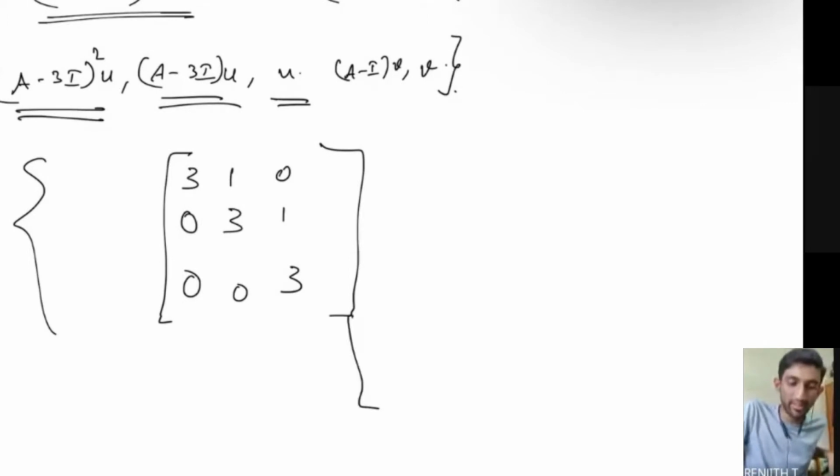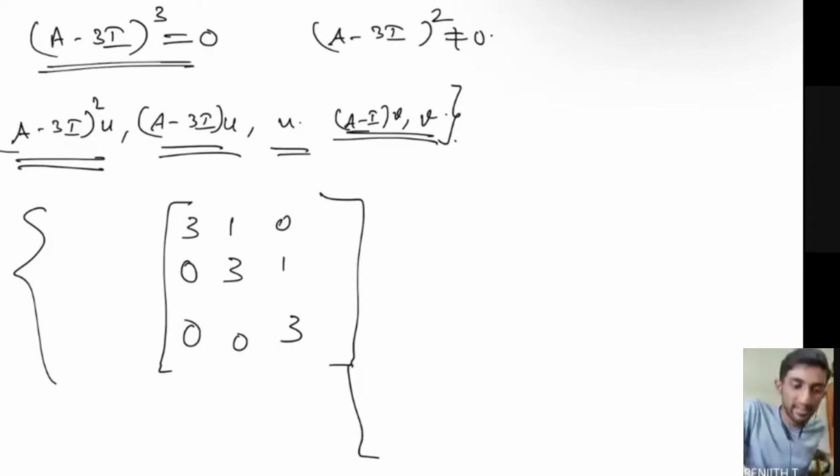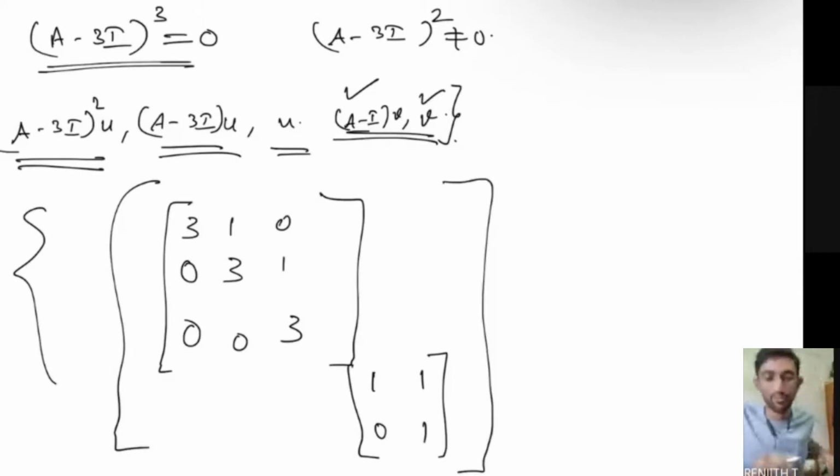The second part will be a 2 by 2 matrix with these two vectors, where the first one is an eigenvector and the second one is a generalized eigenvector. The first vector is 1 0, the next one is 1 1. So this will be the Jordan canonical form corresponding to this.